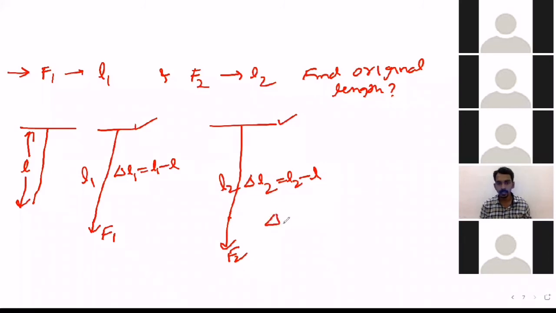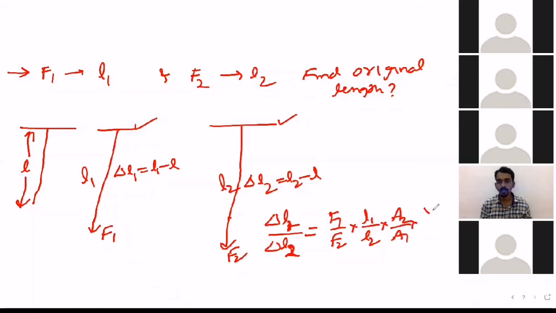Now you again take the same ratio, same concept. Delta L1 by delta L2 equals F1 by F2 and L1 by L2 and A2 by A1 and Y2 by Y1.